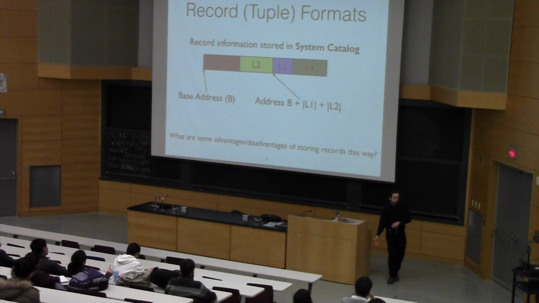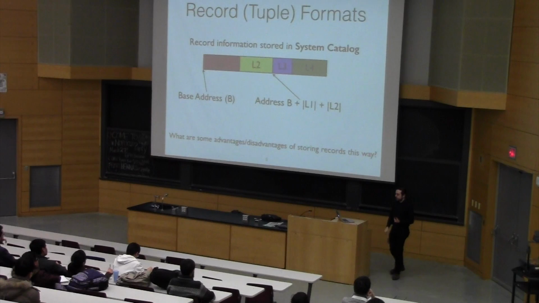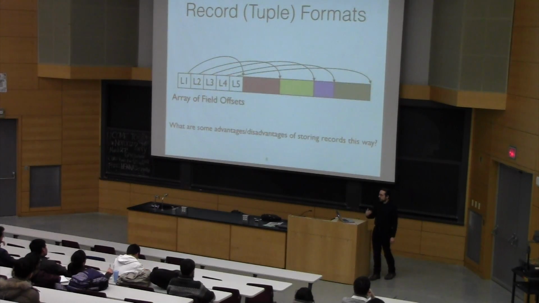So what if we did something in between and said, I'm going to allow the tuple size to change. I'm going to allow every field to potentially vary in size, but instead of separating those values with delimiters, I'm going to store metadata for each tuple telling me where each field begins.